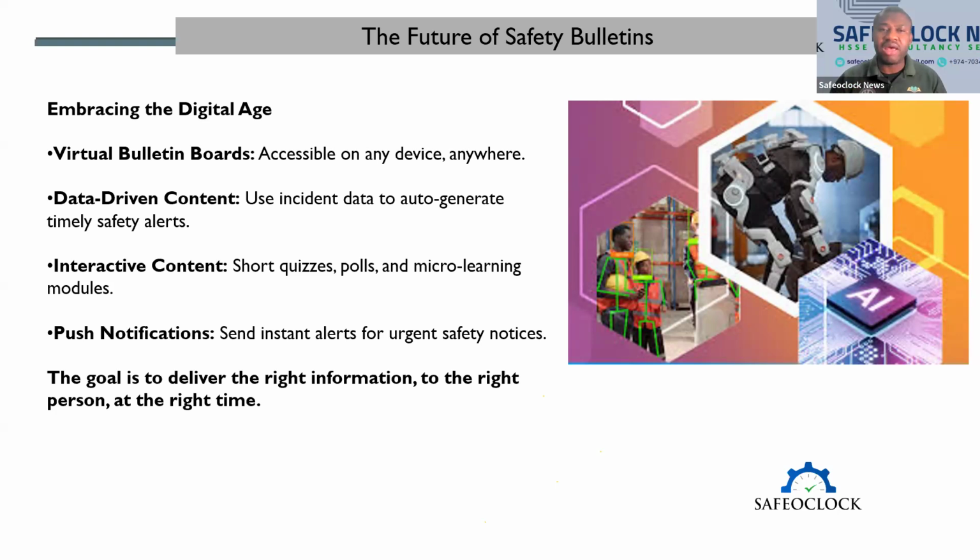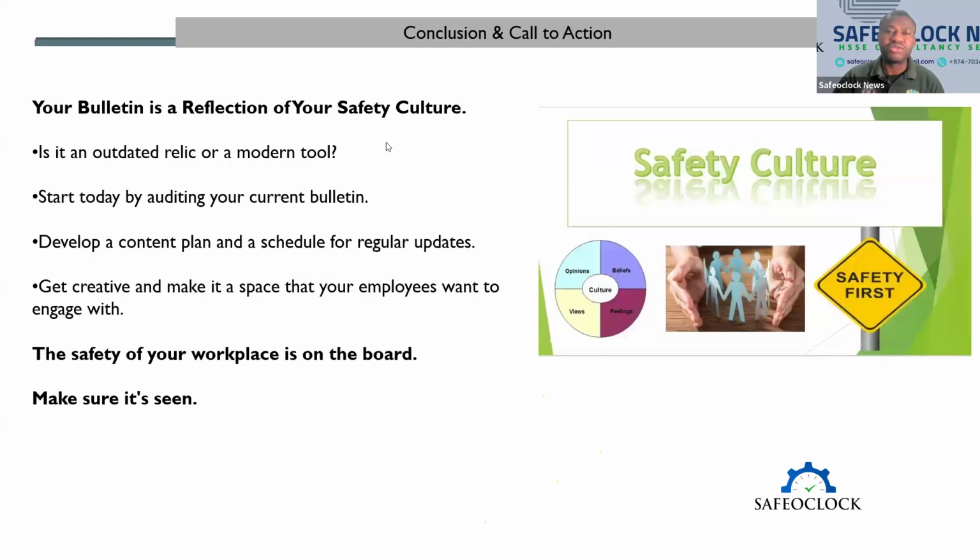Then interactive content like short quizzes, polls, and micro learning modules. So the safety bulletin can go further to become a learning platform where people will be able to click, interact and ask questions, and the feedback comes immediately. These are some of the features the safety bulletin could take in future.